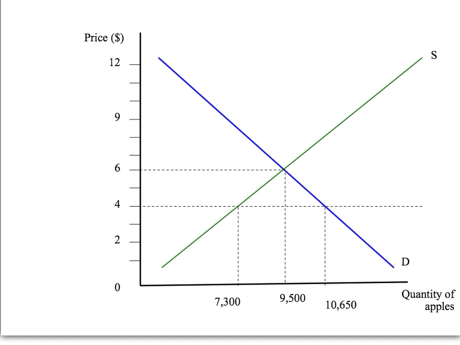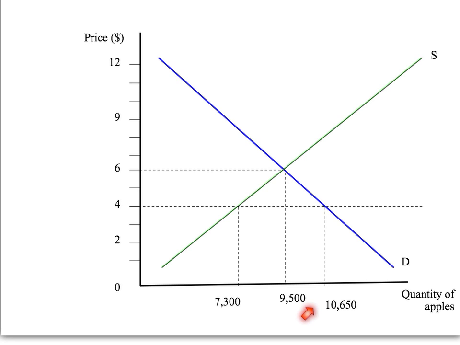But what happens if the price is below our equilibrium price of $6? Well, let's pick a price of, say, $4 per kilogram for apples. At a price of $4 per kilogram, sellers only want to sell 7,300 kilograms of apples. Buyers would like to buy 10,650 kilograms of apples, but you can't buy apples if no one's willing to sell them to you.